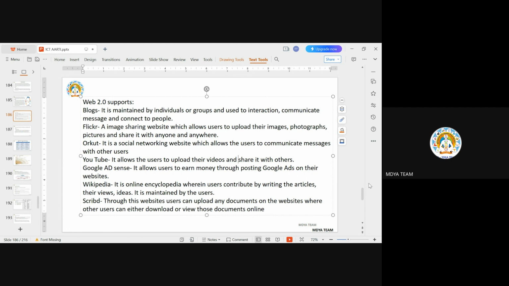Wikipedia is like an encyclopedia, where you can write your content and also read the content. Scribd is a website where users can upload any documents, which other users can either download or view online.